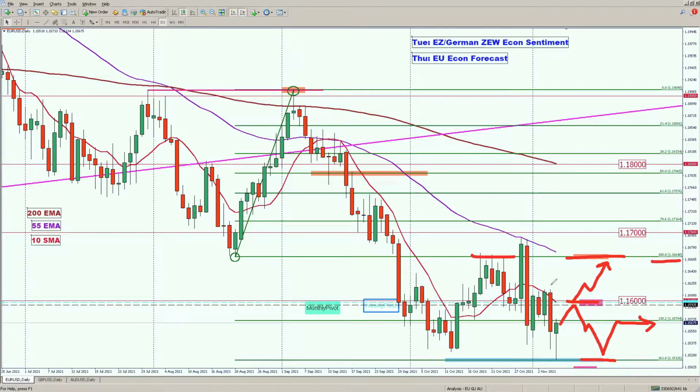So the FOMC news on the Wednesday evening was the initial move up for the euro, but then followed through on the Thursday with the dollar strengthening, and that was the drop for the euro until it hit the support.